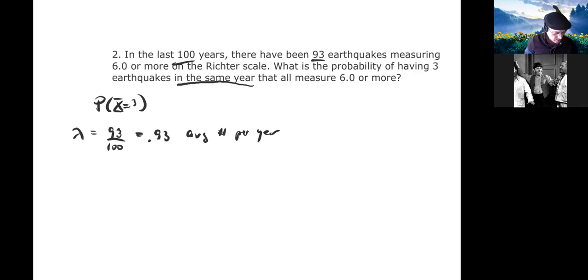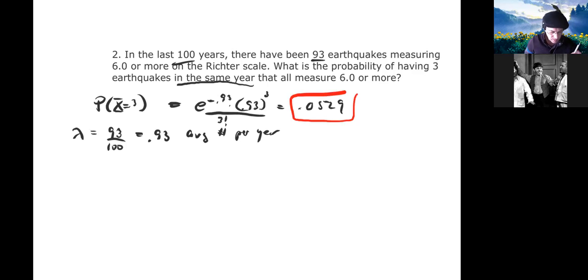So that would be e to the minus 0.93 times 0.93 to the 3rd power over 3 factorial, giving us a value, if you plug it into your calculator, of 0.0529. So that's the answer to problem 2.